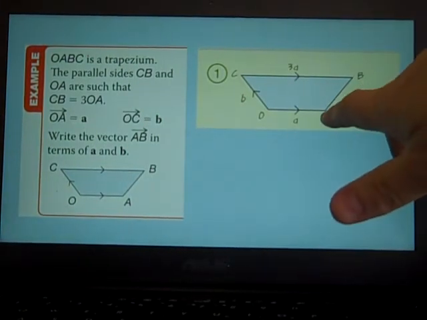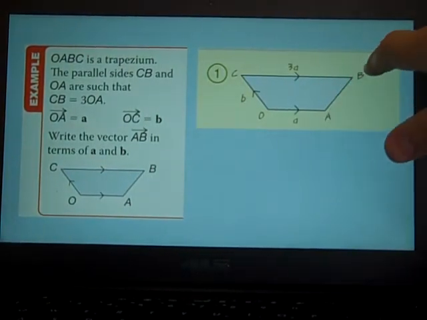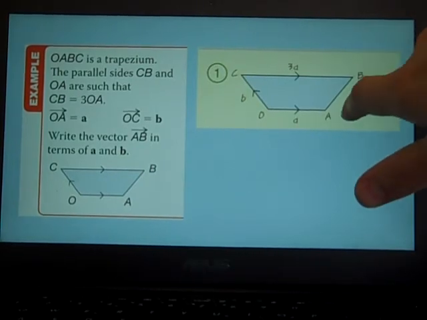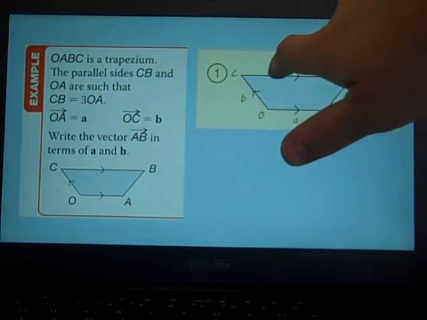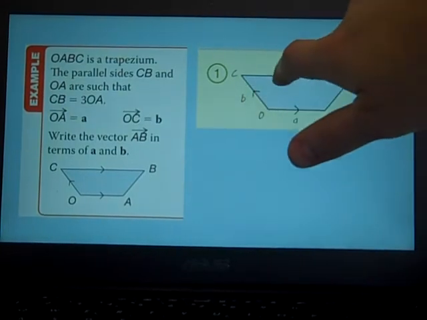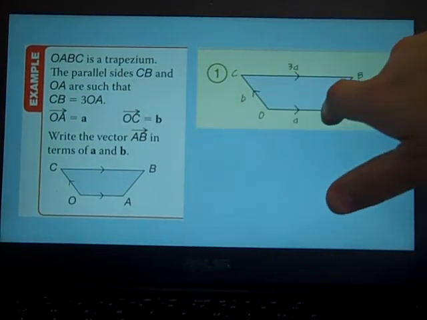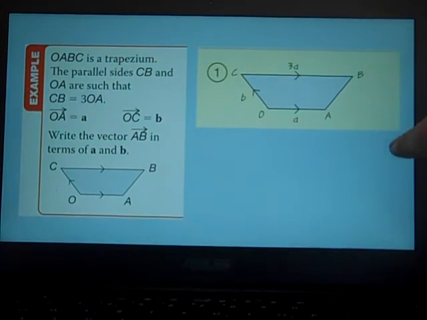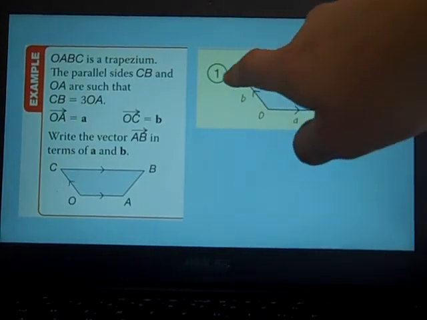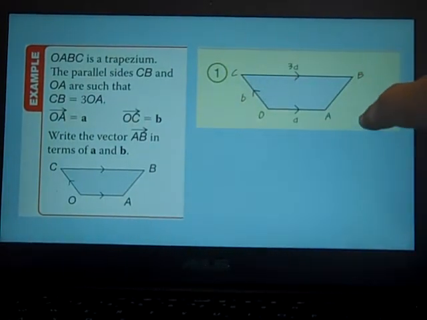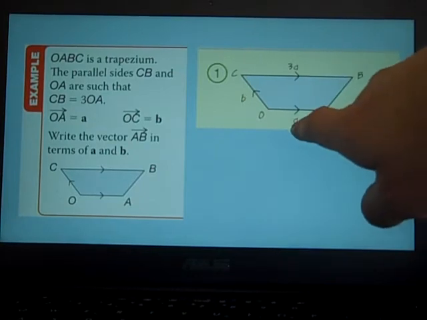We're going to write the vector from A to B in terms of a and b. So to go from A to B, this is the line we want, but there's no arrows on it, so it's useful to go back through around the picture until you get to where you need to be. And that there would be the wrong direction. So a negative a, positive b, positive 3a, so a total of 2 a's and a b.